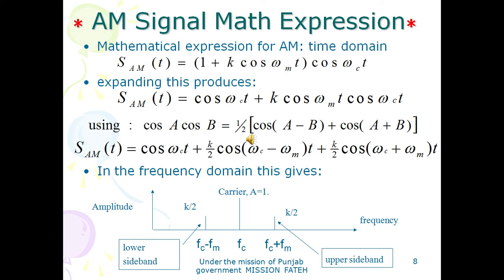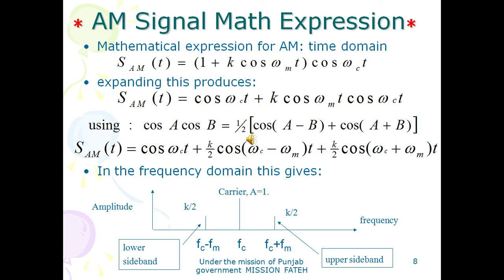In this expression, the first term cos omega ct is the component of the carrier signal, and cos (omega c minus omega m) t is the lower sideband of the amplitude modulated wave, and cos (omega c plus omega m) t is the upper sideband of the amplitude modulated wave.